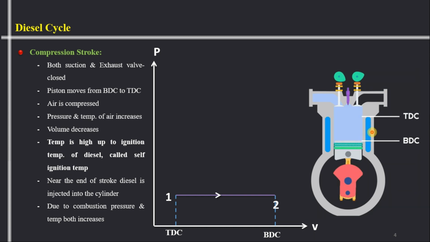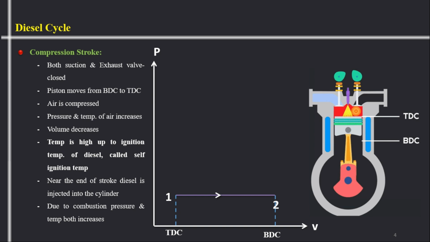Self-ignition temperature is basically a temperature at which the fuel burns without any heat source. It means as soon as the diesel fuel comes in contact with this high temperature air, the diesel will get ignited automatically. So that is self-ignition temperature. And near the end of the stroke, we are injecting diesel.